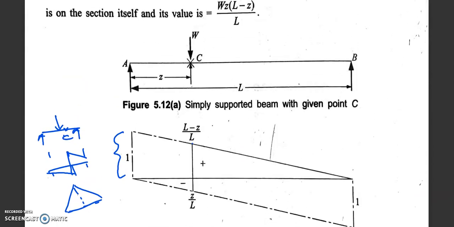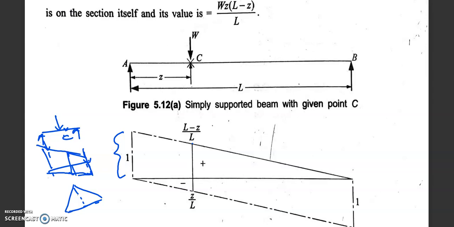By understanding this figure, I have told you that this is Z by L. So this Z by L comes to maximum when it gets completed at B. So here, if you keep the 1 kilonewton load, you get absolute maximum negative bending moment. And if you keep the 1 kilonewton at A, you'll get absolute maximum positive bending moment.